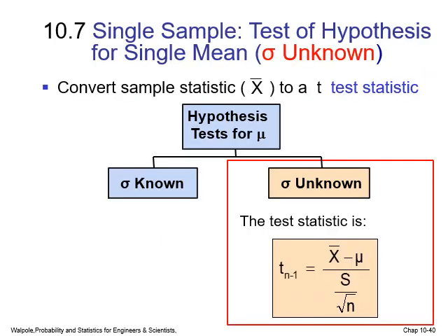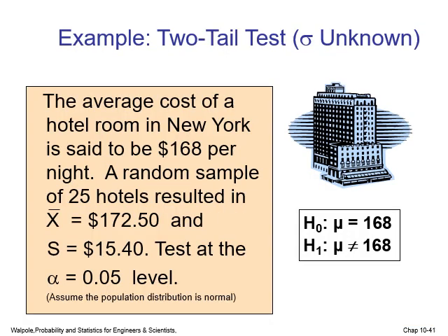Now, if we have unknown variance, what should we do? First, we have an example of a two-tailed test for unknown variance. As usual, we have this case and we have these values. Now we have to decide on the null hypothesis with these values.